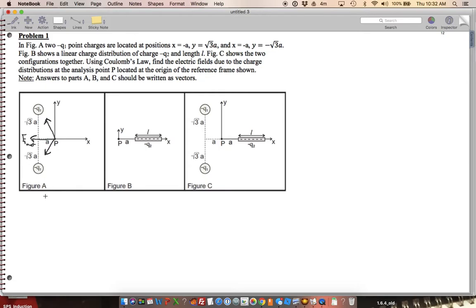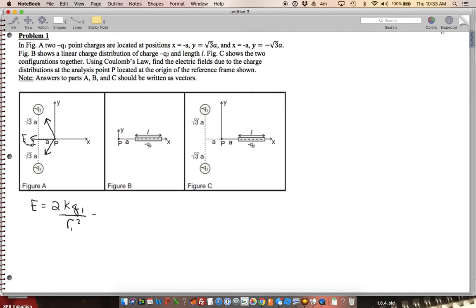So I think I'll do that on this page. My E is going to equal the x component due to each of them, and those are equal. So I'm going to need to say 2, one for each of them, and then kQ1 over the distance away, which we'll call, just for now, r1 squared, but it's the hypotenuse here, right?